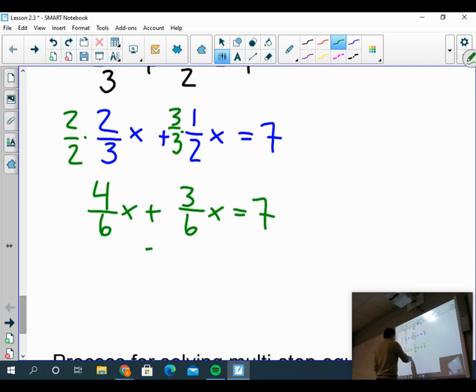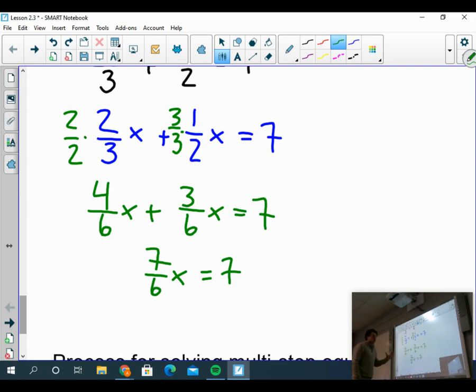So what these will combine to be is 7 over 6 x, and that equals 7. Well, again, a little bit more complex because we had to do some denominator transition, or we had to rewrite our fractions. But in any case, we got to our place where we've combined our like terms.